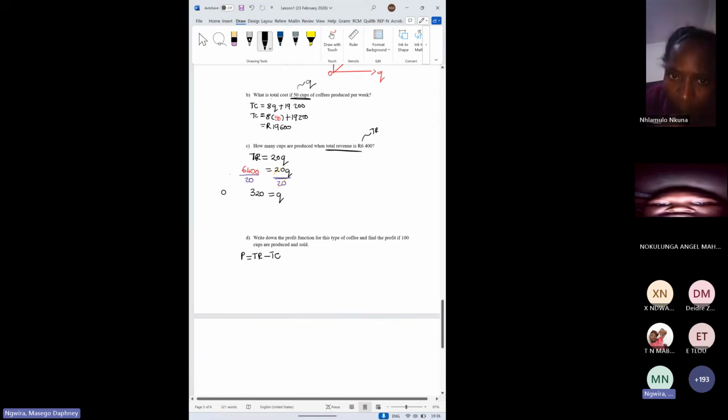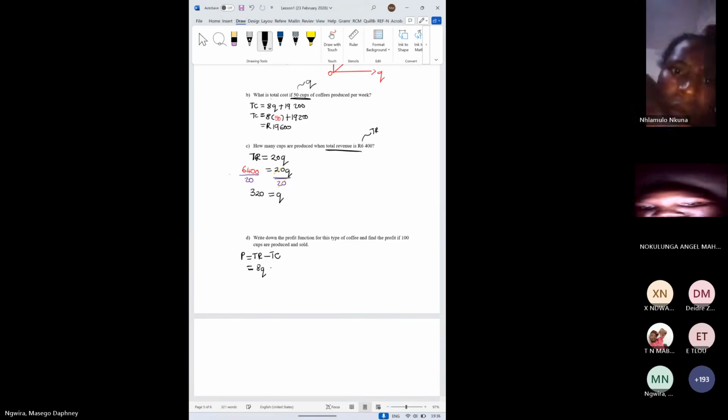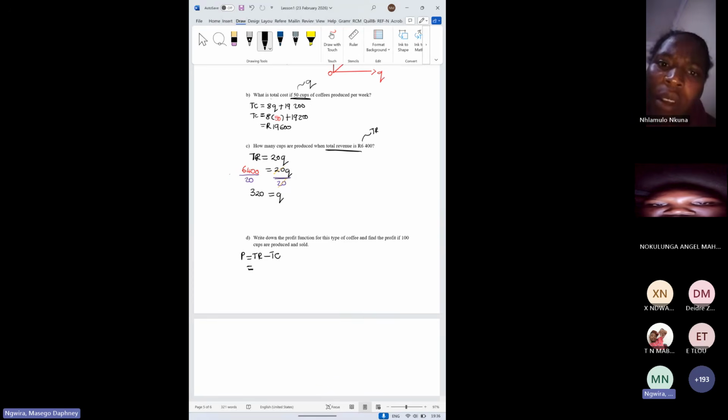So the total revenue, we got the TR. Our TR was 20Q. And then minus our total cost, 8Q plus 19,200.